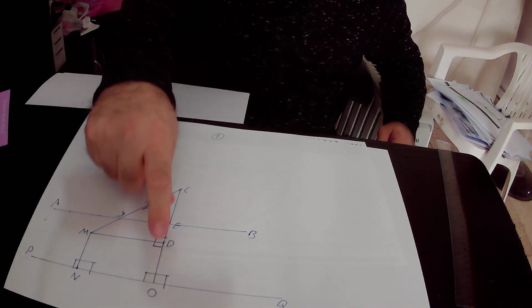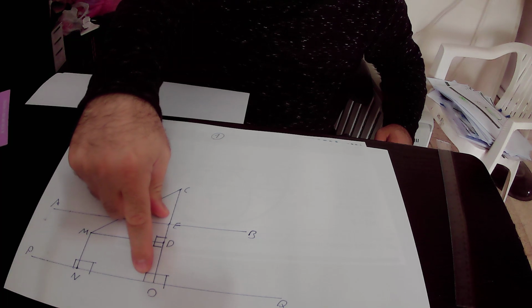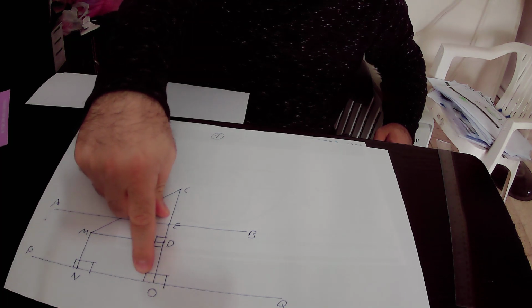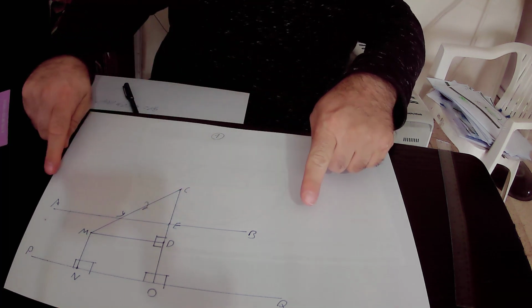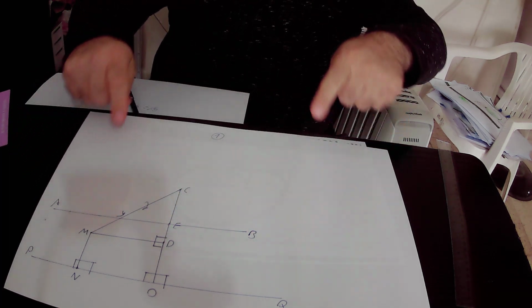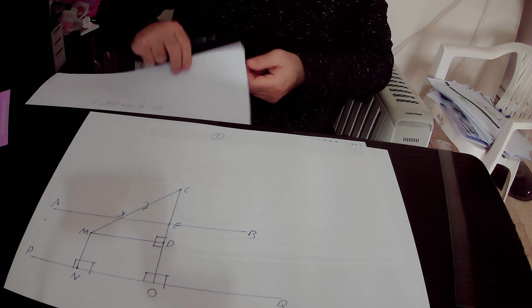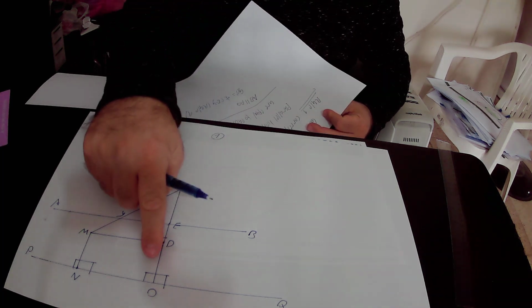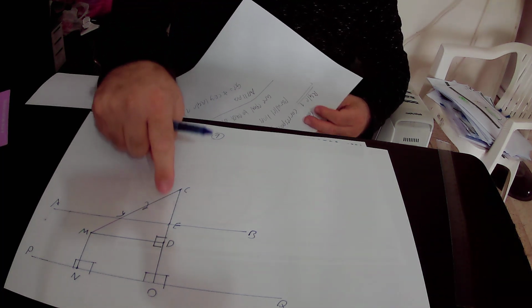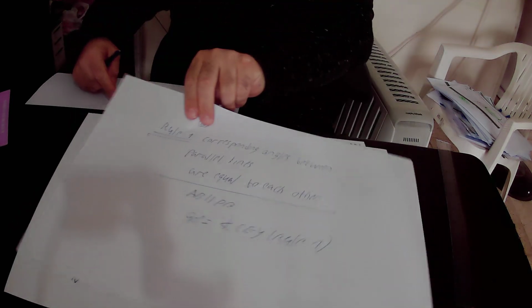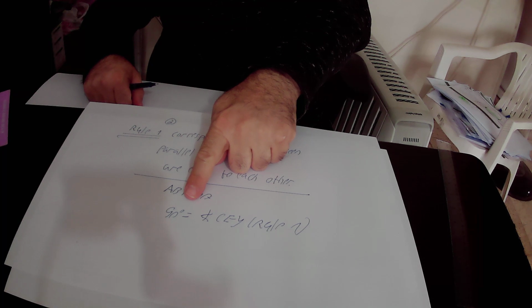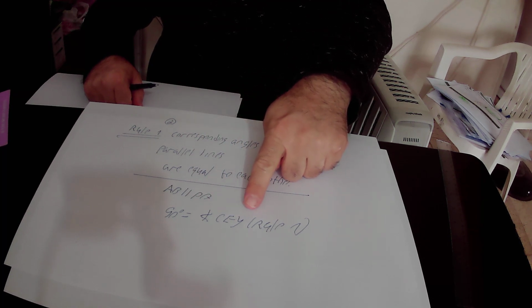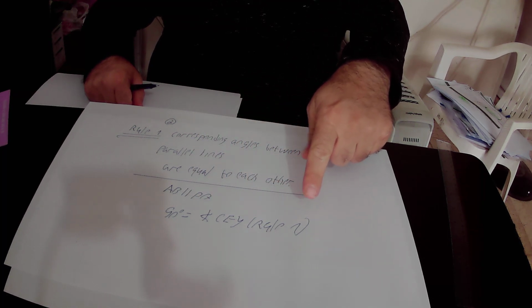I will repeat again, those two angles are defined as corresponding angles, and they are located between the parallel lines AB and PQ, therefore they are equal to each other. That is to say, the angle that equals 90 degrees equals angle CEY according to rule number one.